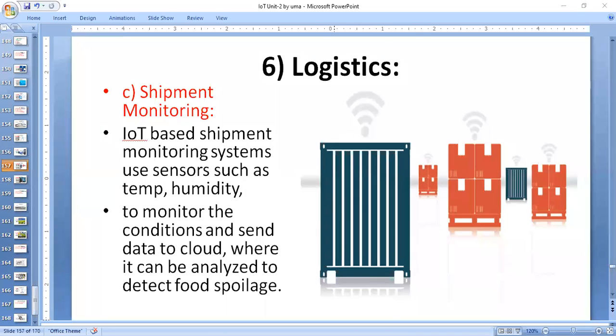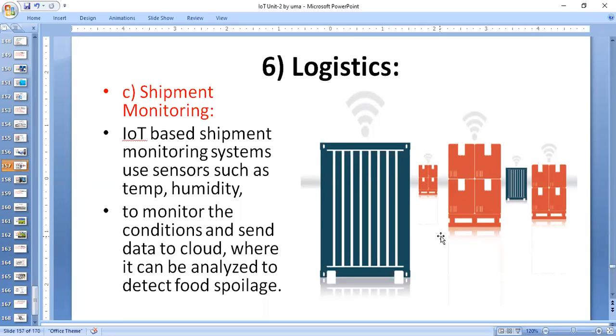Shipment monitoring. What is the shipment monitoring? The shipment monitoring solution for the transportation systems allows monitoring the condition inside the container. Here, if you see, the container consists of a food item or anything. It's having the food item.